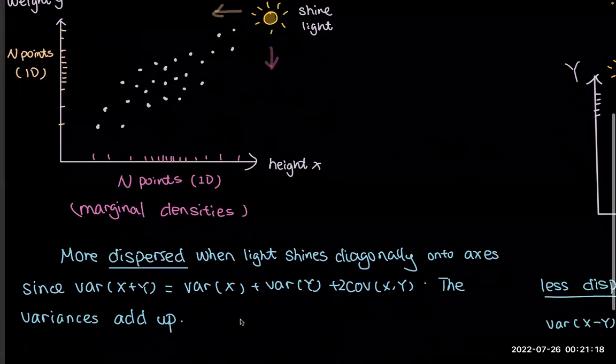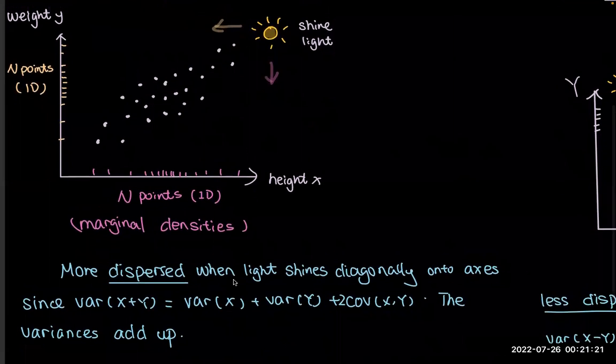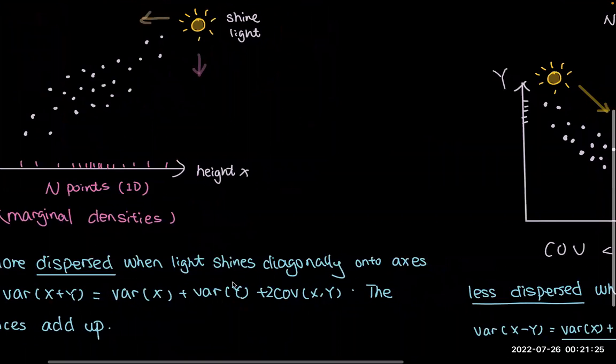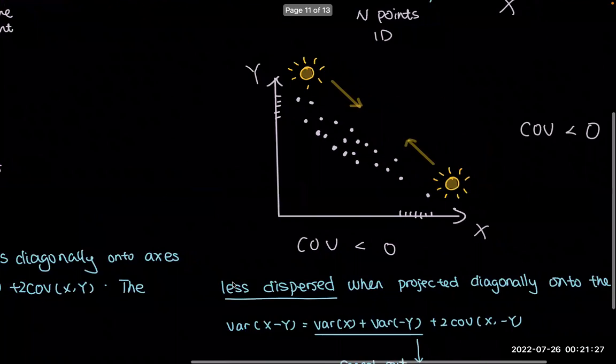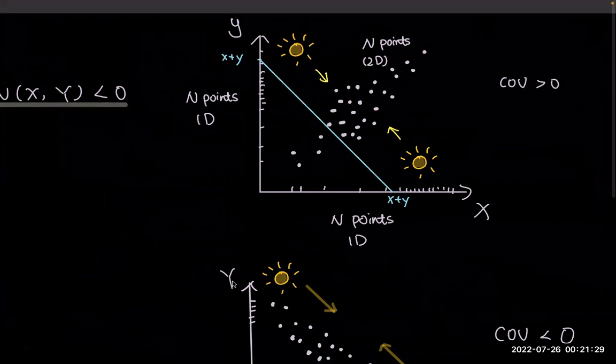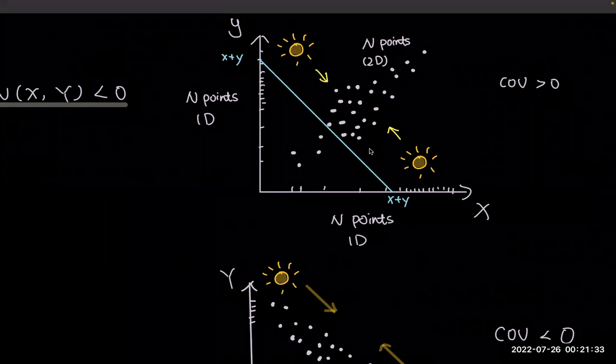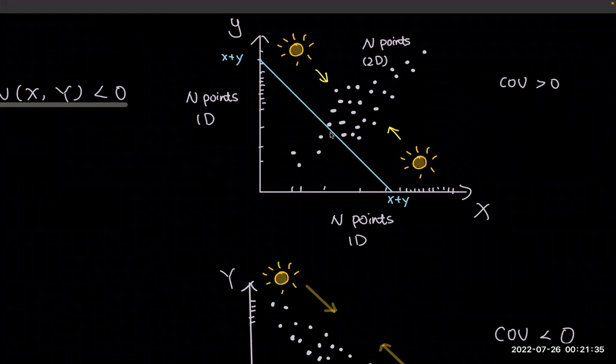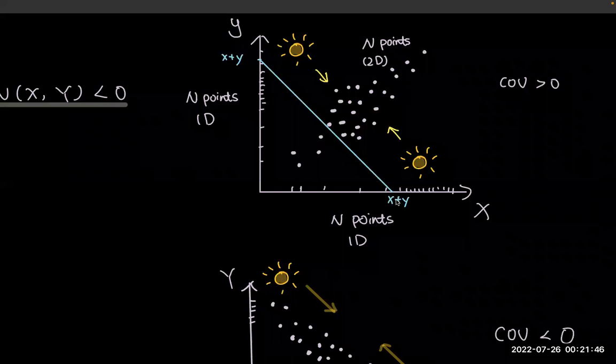Now, if you look at the variance of x plus y, what do we mean by the distribution of x plus y? The distribution of x plus y can be seen by shedding the light in this direction. The reason is that if there's a point with coordinates x and y, then this line is x plus y equals a constant.